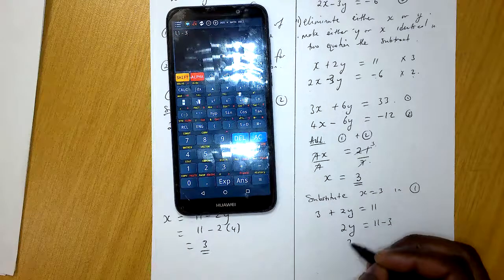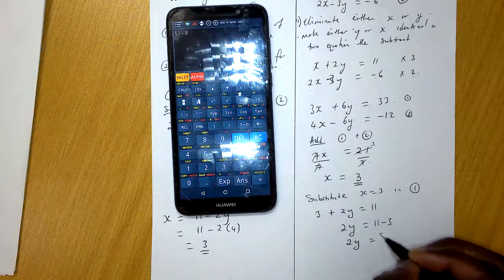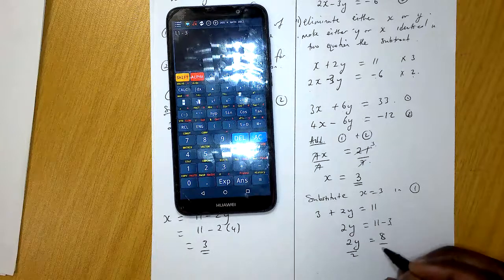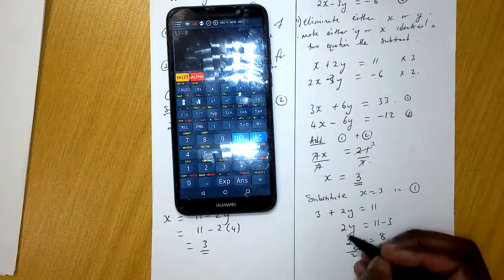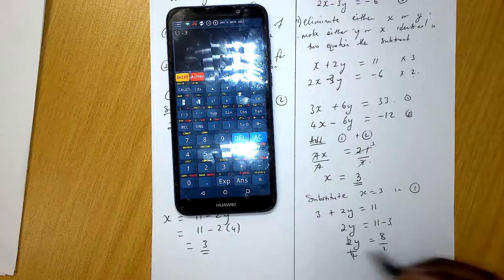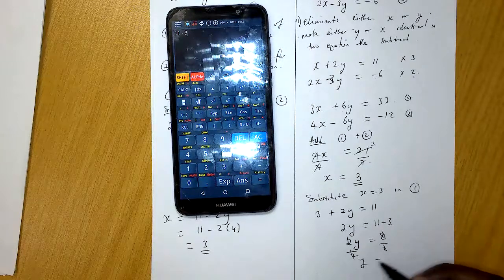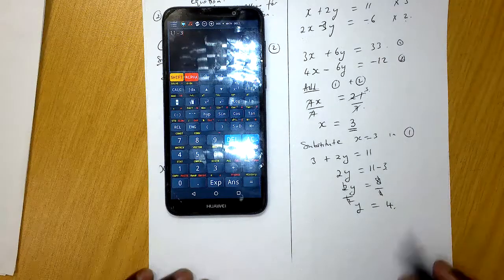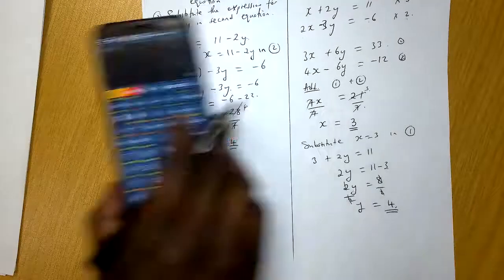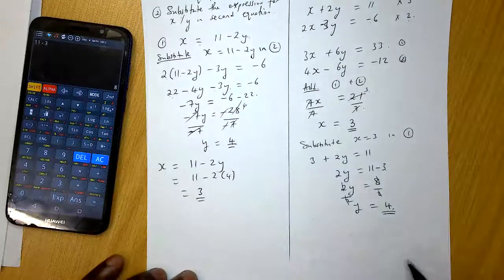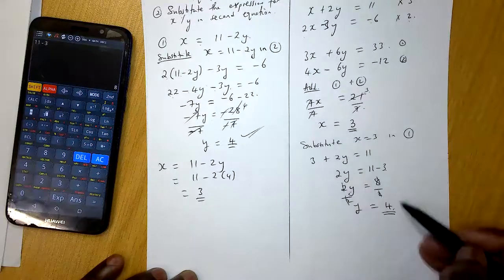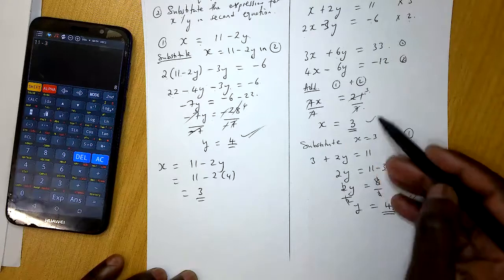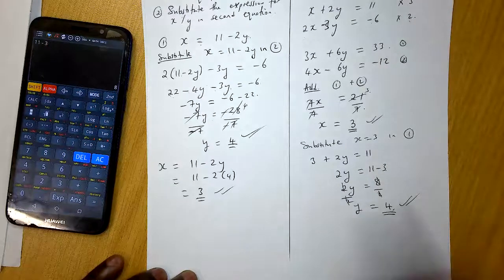So 2y is equal to 8, then we divide by 2, and our y there will be 4. So y is equal to 4. You can compare your answers there: y equals 4, x equals 3. So that's how you're supposed to do it.